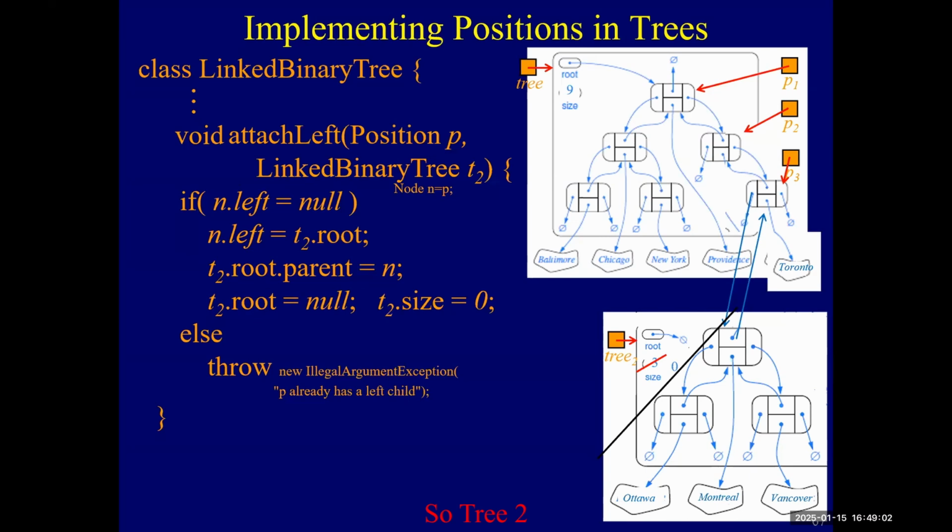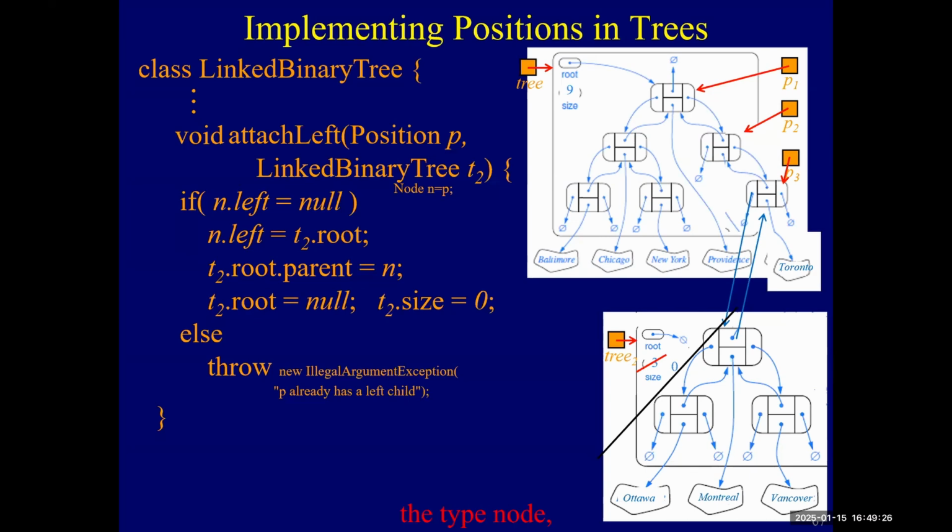So tree 2 is of type binary tree, and T2.root is of type node, right? It's really good to keep type checking. What type is this? If it's of type tree, then I can do .root.